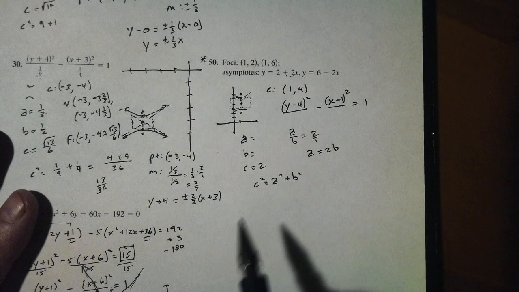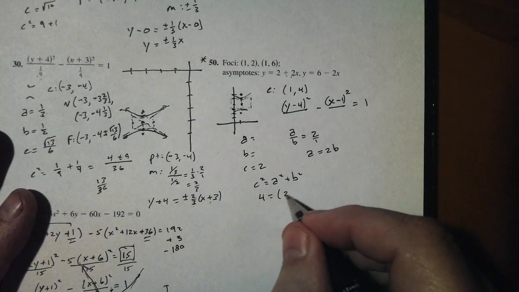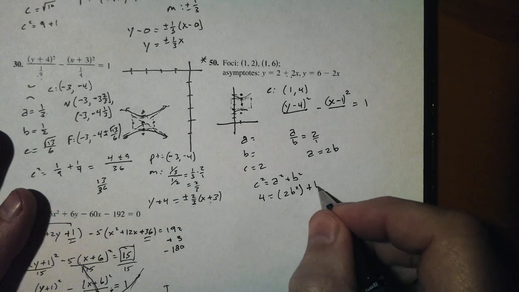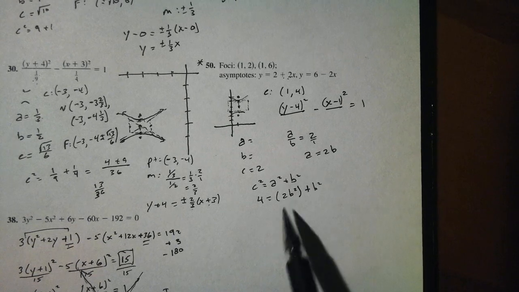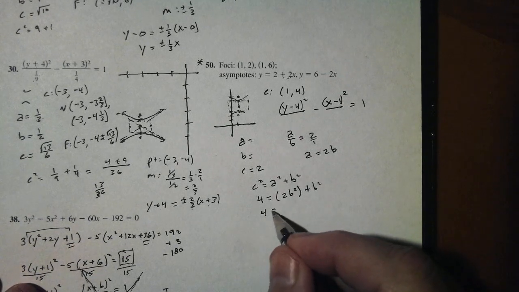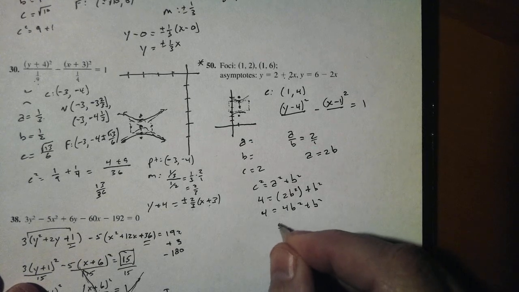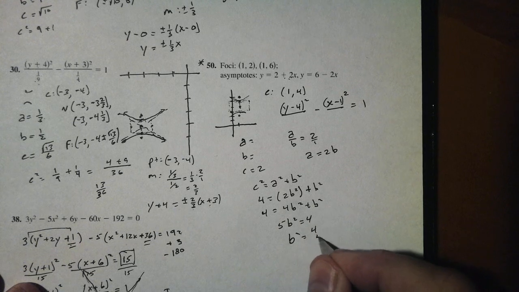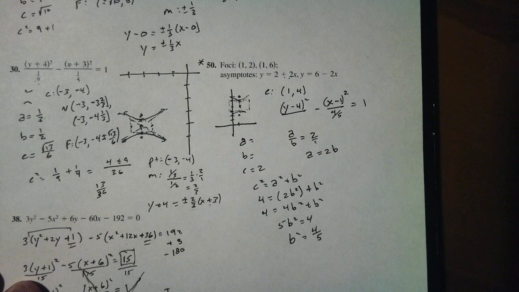Cross multiply. So let's see, c squared 4 equals 2b squared plus b squared. Replaced it. That's 4 equals 4b squared plus b squared. 5b squared equals 4. B squared equals 4/5.